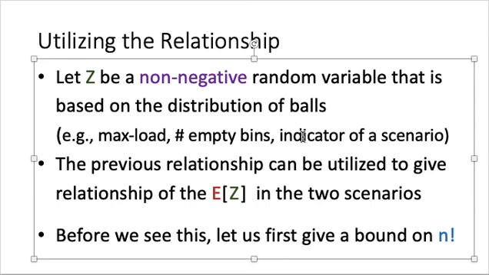When it happens, it has value 1, and when it doesn't happen, it has value 0. Such an indicator is also a random variable that depends on the distribution of balls. Now, in the next result, we are going to show that we can utilize the previous theorem to give a relationship of the expected value of this kind of random variable Z in the two different scenarios.